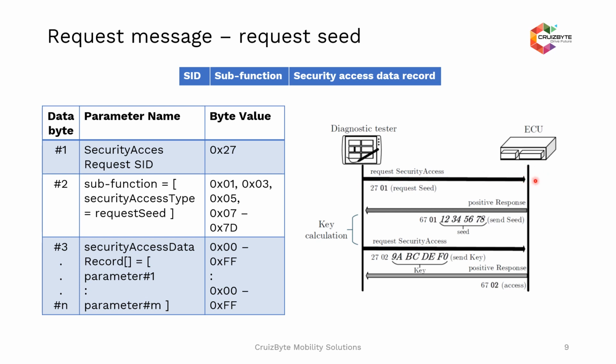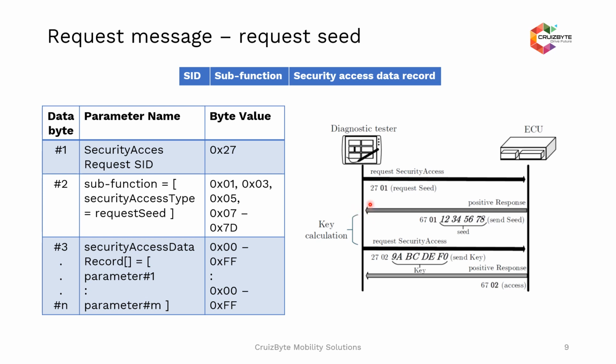The ECU receives the request, generates a seed and calculates the seed value. Then the seed is sent as a positive response to the diagnostic tester. You can see the value 67, which is 27 plus 40 hex, and 01 is the request seed subfunction, followed by 4 bytes of seed data sent back to the diagnostic tester.